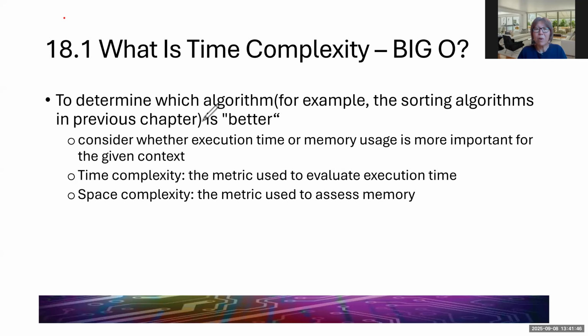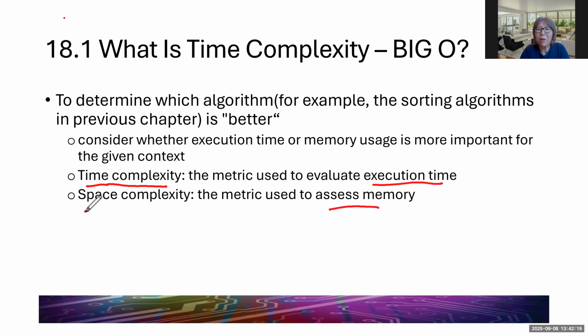Generally speaking, to determine which algorithm is better, you can analyze from the time perspective, which is to evaluate the execution time. In this case, we call it time complexity. Or you try to assess the memory used to run the algorithm.